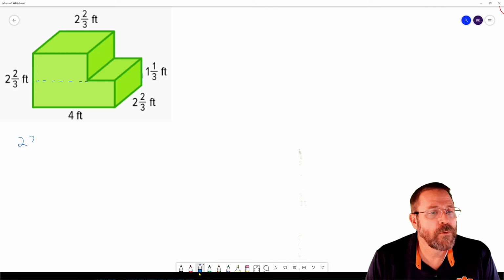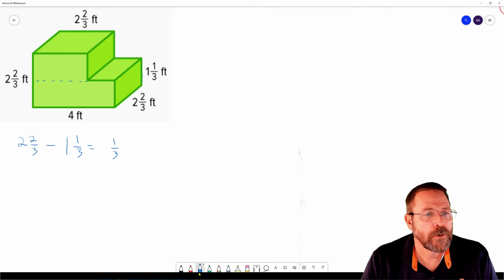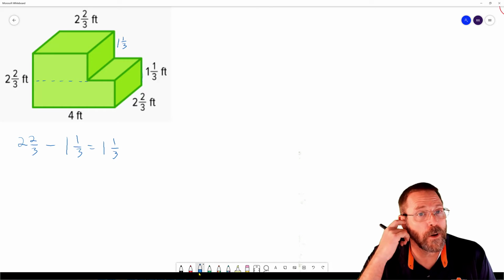I'm going to do 2 2/3 feet, which is the entire height, minus 1 1/3 feet, which is this height right here. And when you subtract that, 2/3 minus 1/3 is 1/3. 2 minus 1 is 1. So I know now that this section is 1 1/3 tall as well.